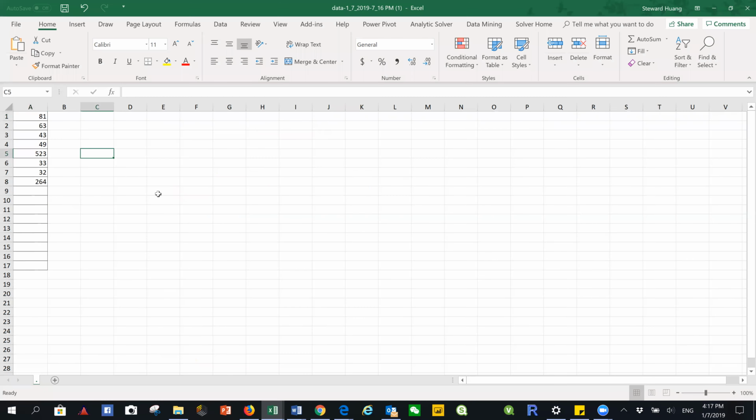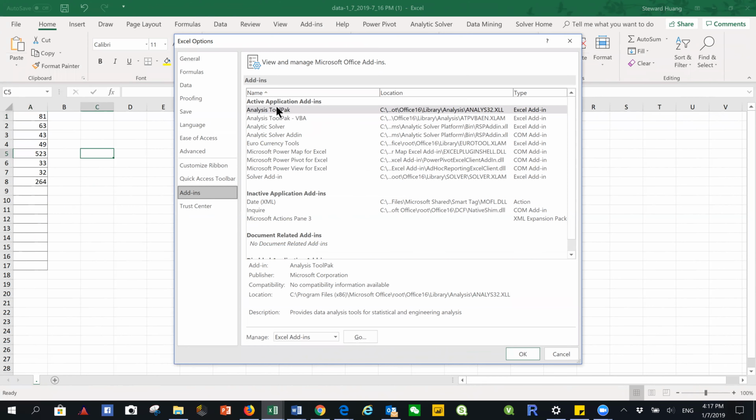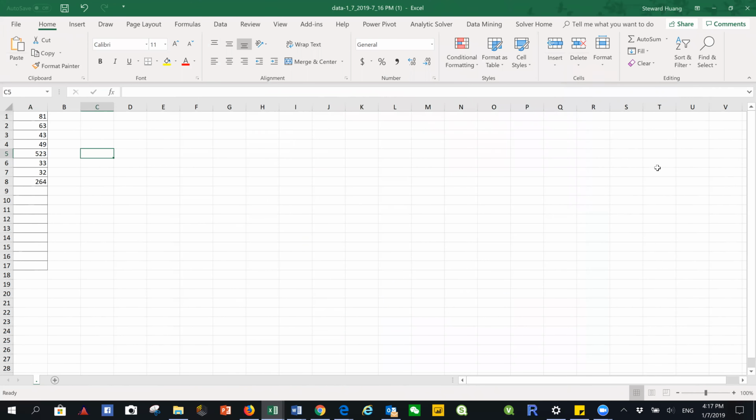File, options, add-ins, Toolpak, go. Make sure at least the first one you check. I don't mind if you check all of them. You get more functions, which you may not need right now, but are useful in the future.